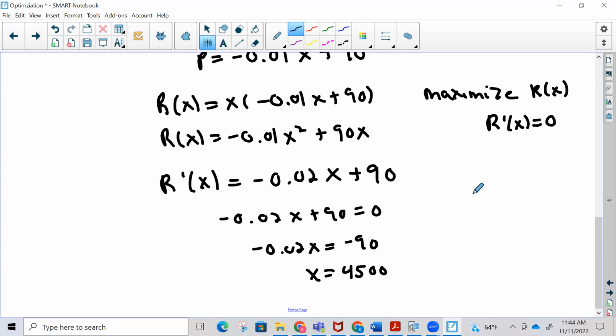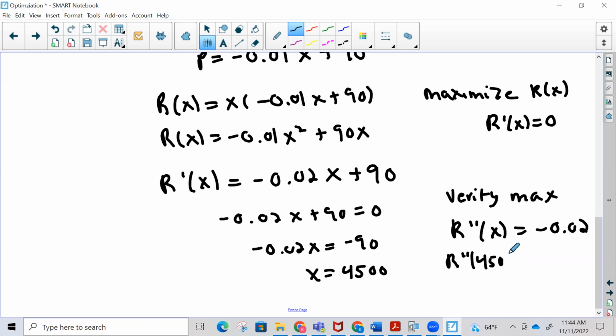We're going to verify that it's a max just to make sure. So we take the second derivative. The second derivative of this is just a constant of -0.02. If I plug in 4,500, I just get -0.02, which means it's concave down.